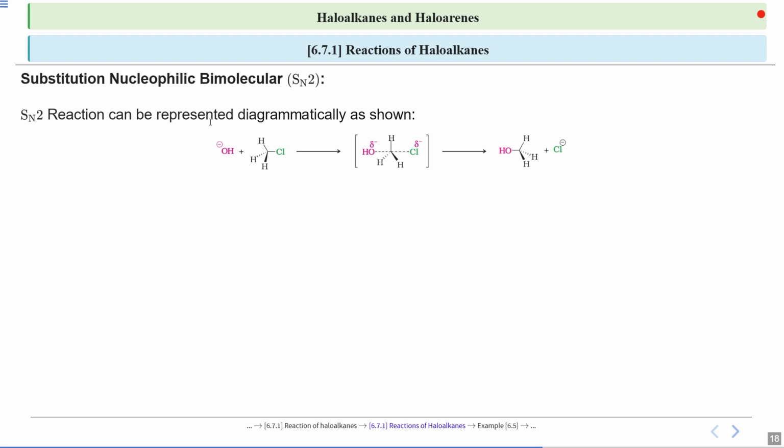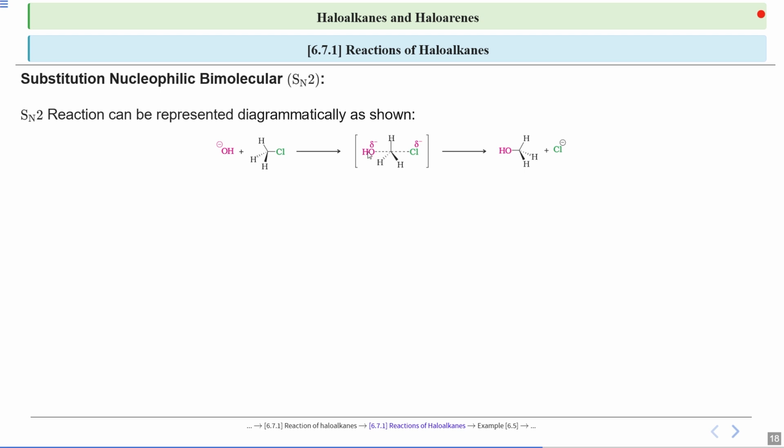Now, the SN2 reaction can be represented diagrammatically as shown. In the diagram, the hydroxyl ion, our nucleophile, attacks the carbon from the opposite side of the carbon-halogen bond, and there comes a transition state where the carbon is simultaneously bonded to 5 atoms, with the attacking nucleophile and the leaving nucleophile both partially bonded to the carbon.